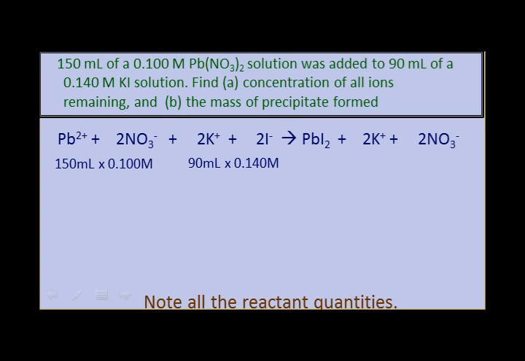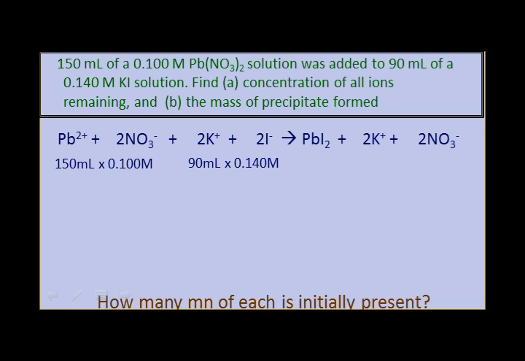Now, it's important that you have that always there in your view, because you're going to use that to calculate all of the rest of this problem. Let's start out by saying how many millimoles of each ion or molecule is initially present.